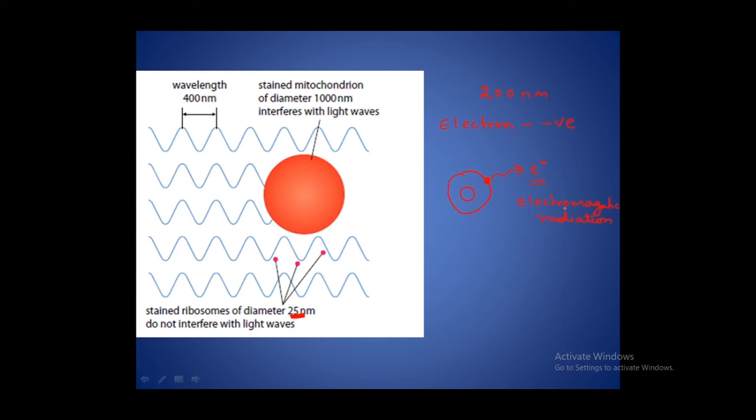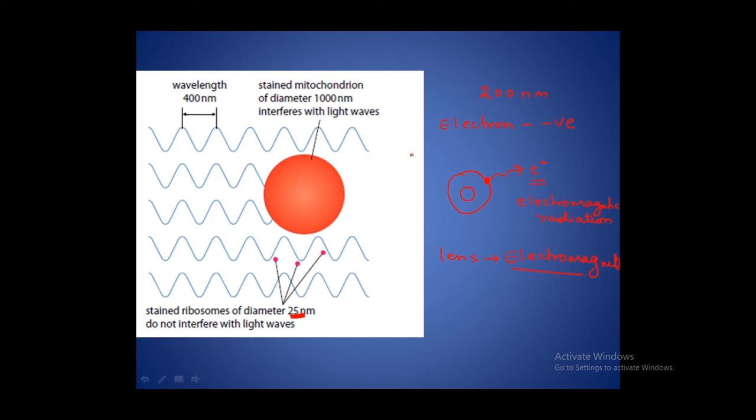But in the case of an electron microscope, because these are electron beams, we need a different kind of lens, and we call them electromagnets. So the lenses we will be using are electromagnets. These electromagnets will act like a lens, and they will focus the electron beam onto the sample, so that we can observe.